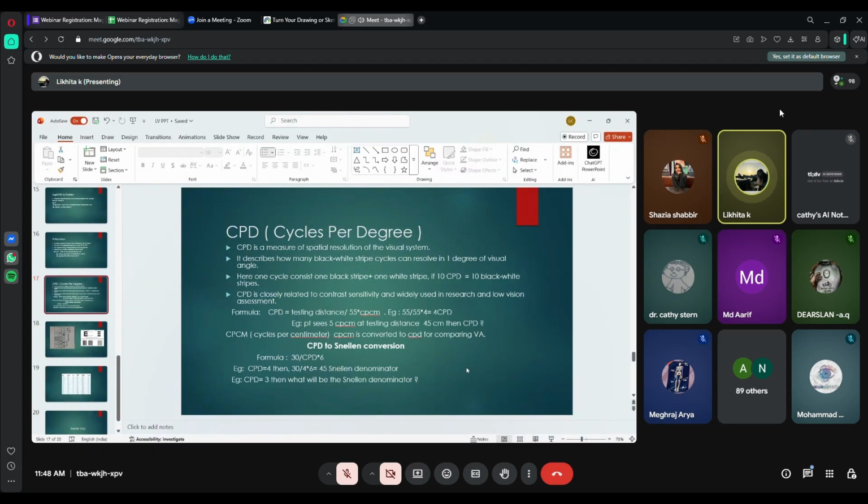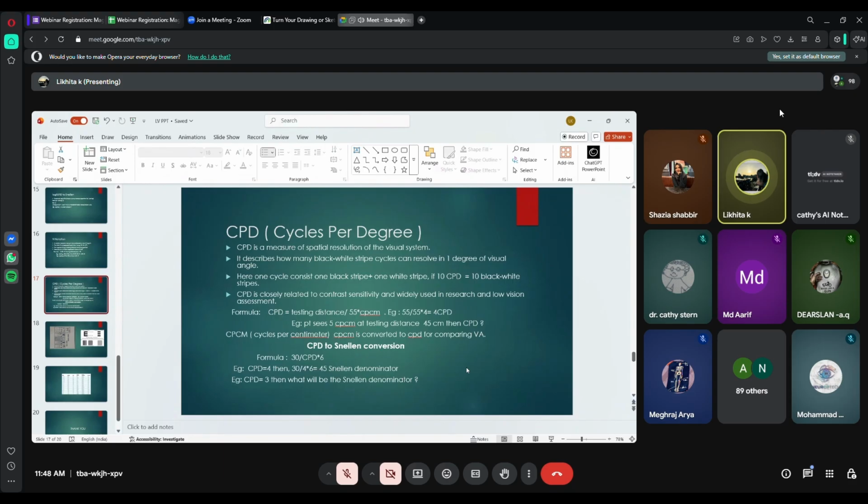For example, in this case, if the CPD is 4, then 30 divided by 4 into 6 is equal to 45, the Snellen denominator. Always remember, whenever we are calculating from any value to Snellen, we always get the Snellen denominator value, because the numerator, the 6, will always be a constant. So whenever we are trying to convert to Snellen, we always get the denominator value.